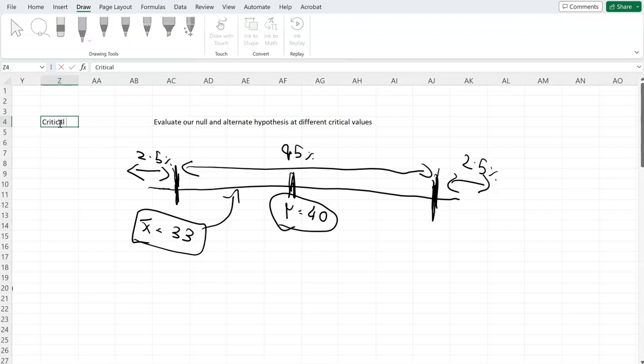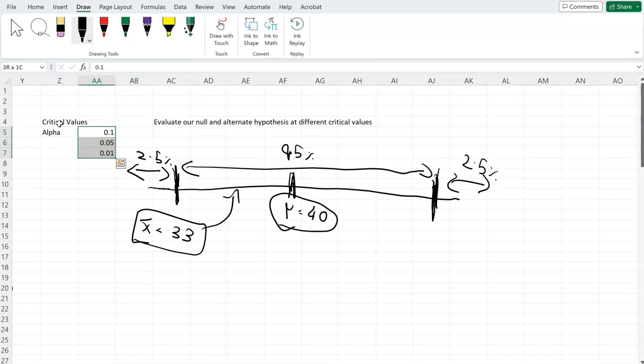So the critical values that we generally use are where alpha is either 10%, 5%, or 1%. So alpha can be any of these three values.